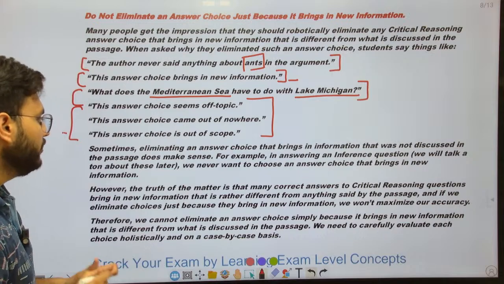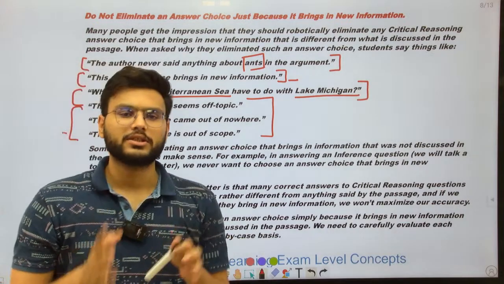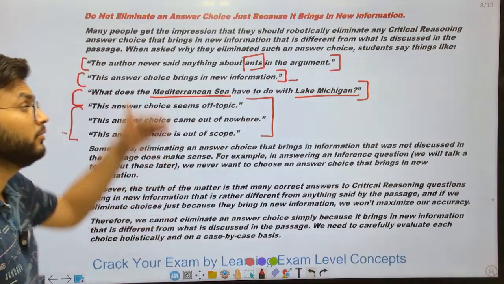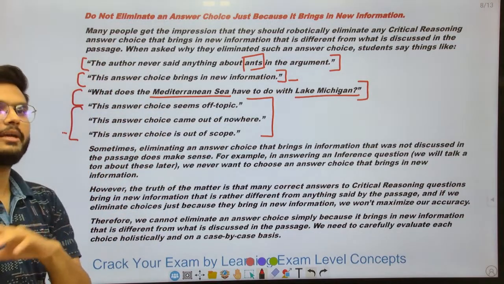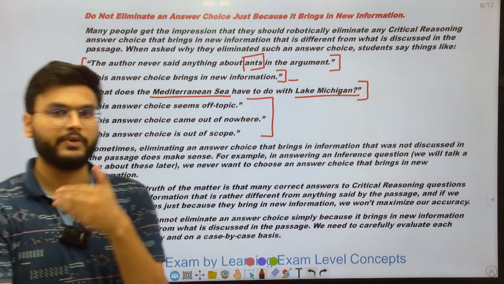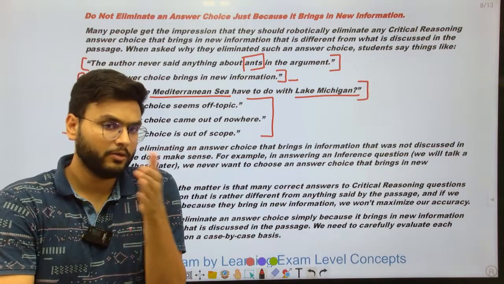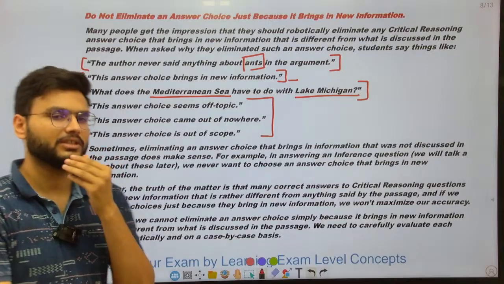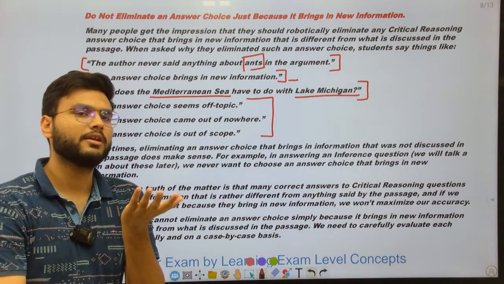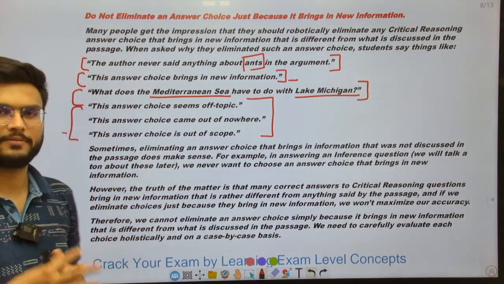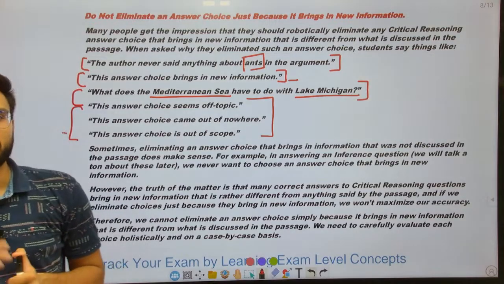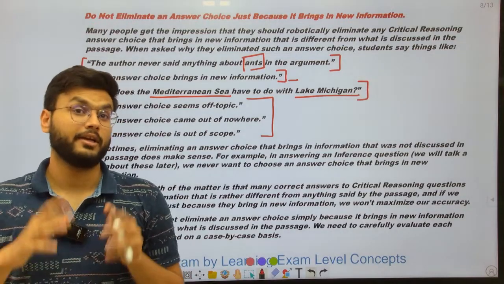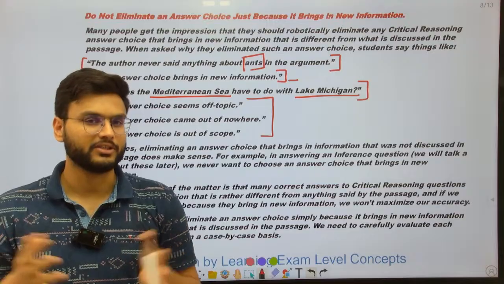You cannot eliminate answer choices just because you don't see any connection. Again, I am saying, please be focused whenever you are reading or looking at the choices, because just eliminating choices like these is called ignorance. Because in class 1, I talked about how critical reasoning is all about your vision.